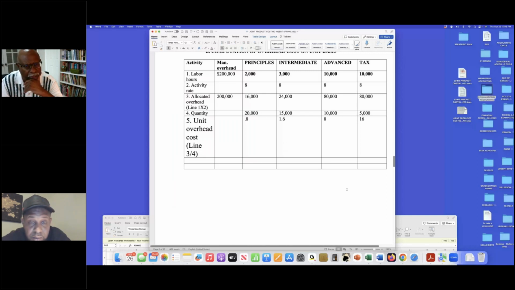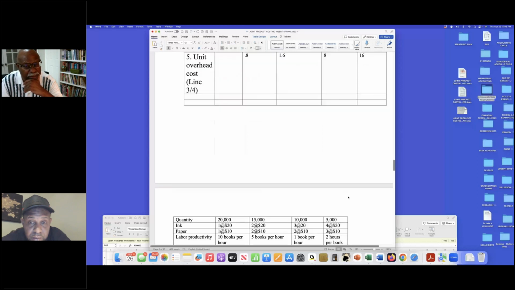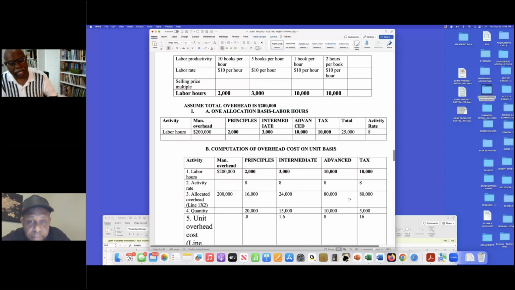So what we're doing is we've got 200,000 for 4 books, so we've got to come up with a way to allocate that 200,000 to each book. For principals, their overhead is 16,000, they're making 20,000, and it's taking them 2,000 hours to make it.